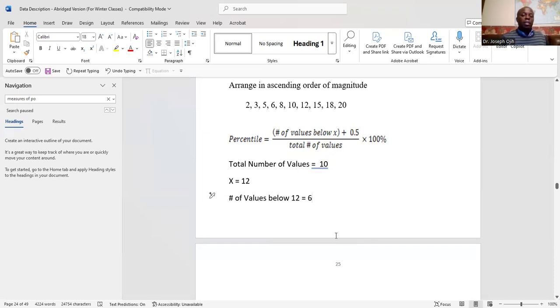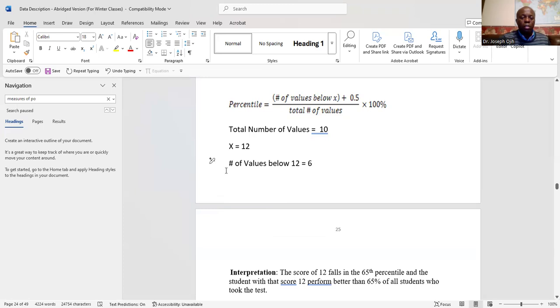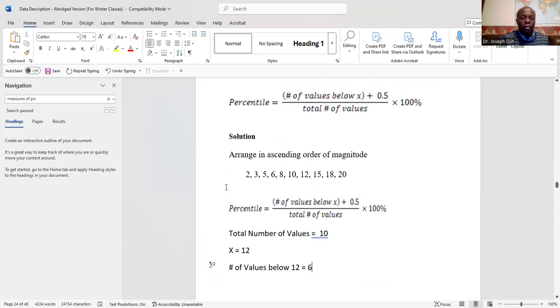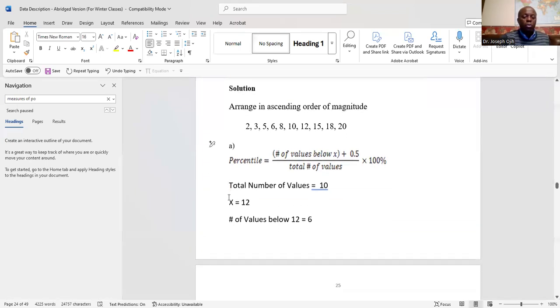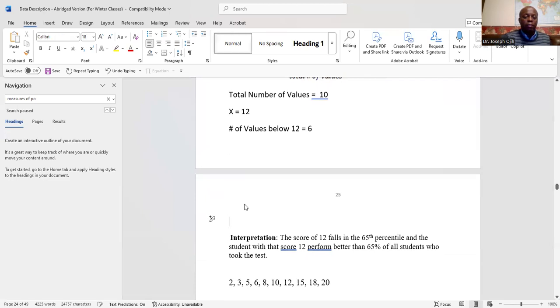So we can now calculate the percentile by using number of values below x plus 0.5 divided by total number of values times 100. So this is part A of the question.